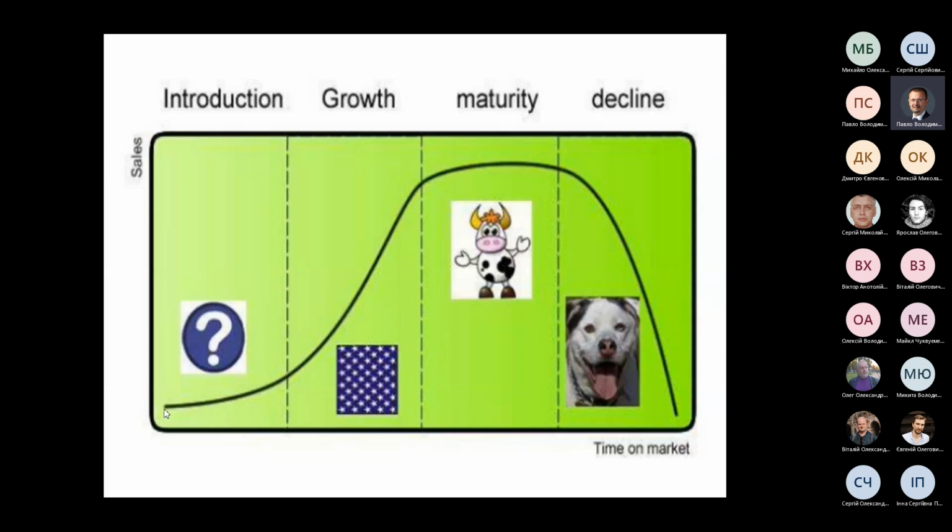First of all, we don't have some product. We are introducing this product, then the market is growing rapidly, then there is maturity for the market, and there is the decline of the market. Actually, we will speak about the stages of market growth a little bit later, in one lecture, not next time, but in one lecture.